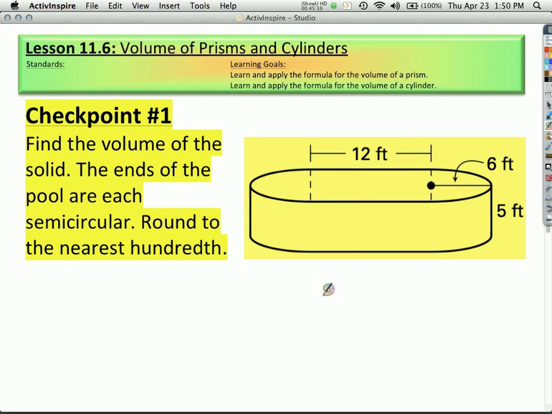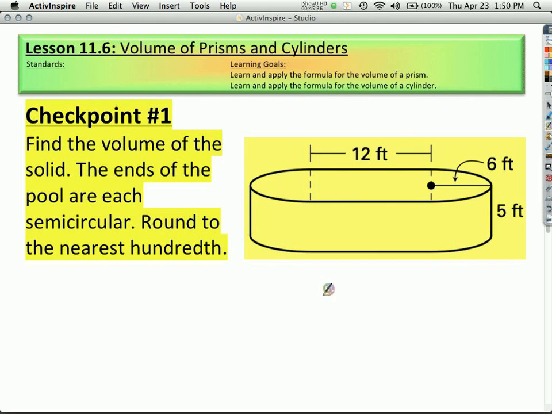Student number 15? 1,285. Student number 16, so that's disagreement here. Student 3, 285.5 cubic feet, so that was in agreement with the first proposed answer.